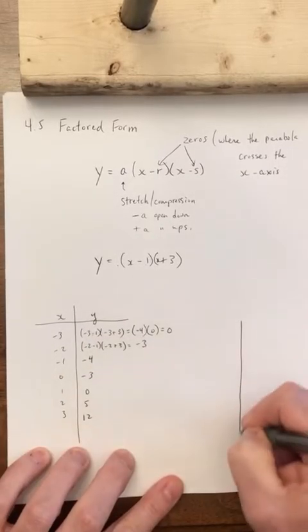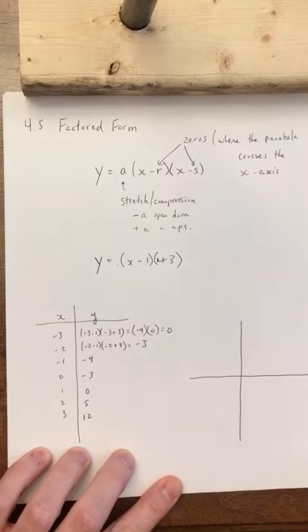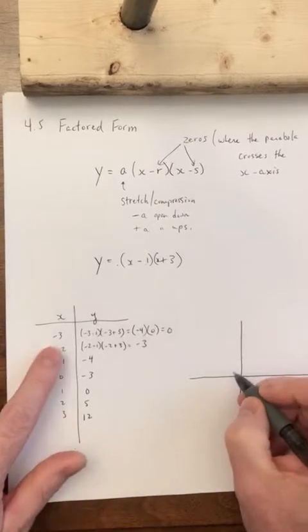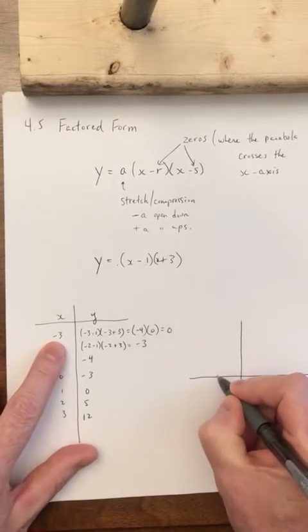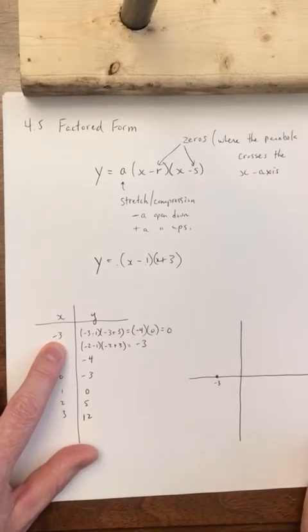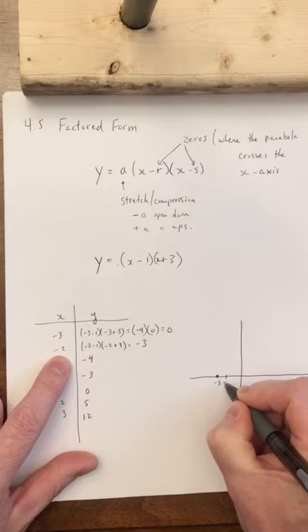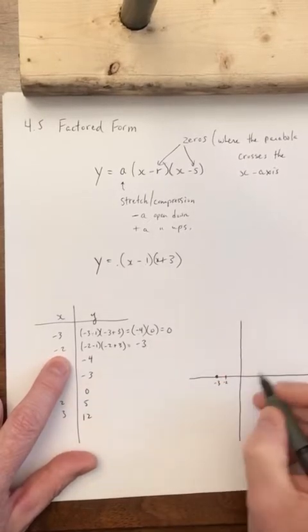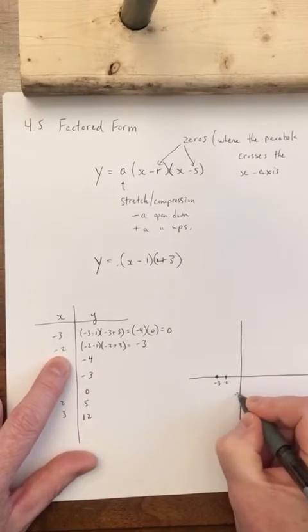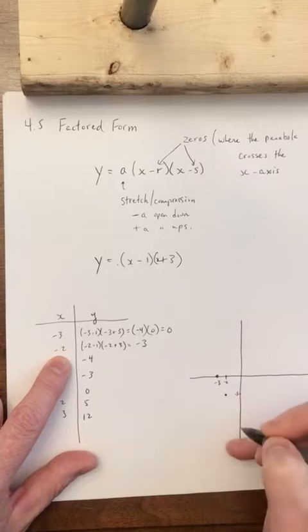And if we were to graph that, we have negative 3 and 0. We have negative 2 and negative 3.